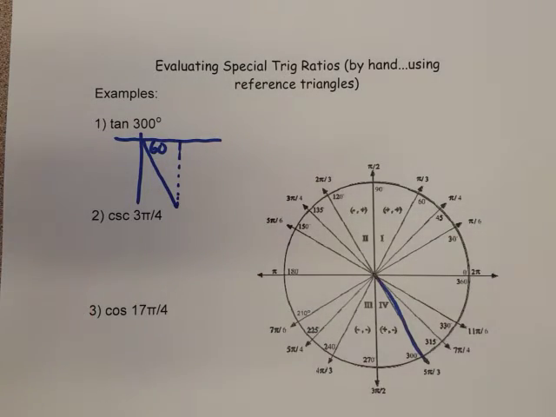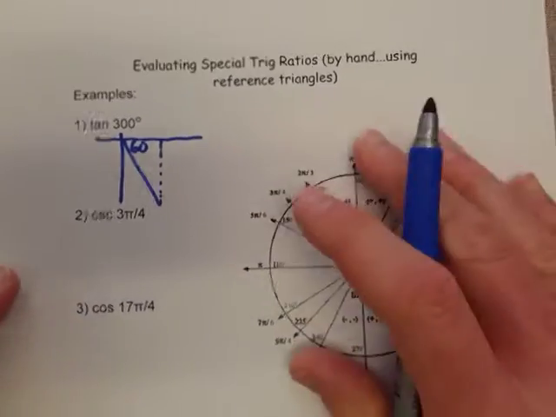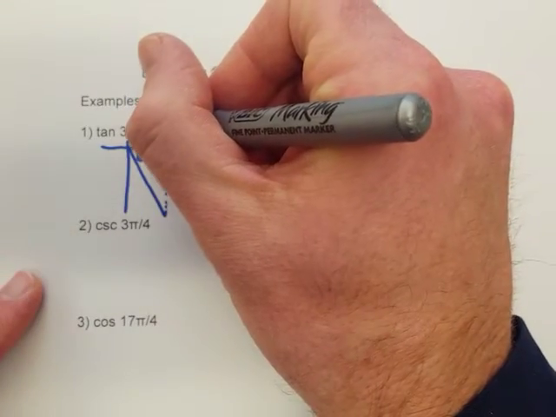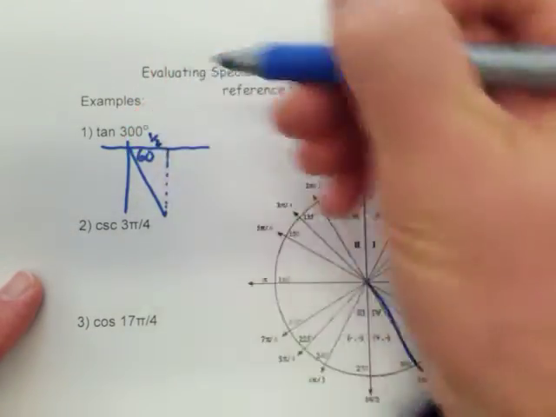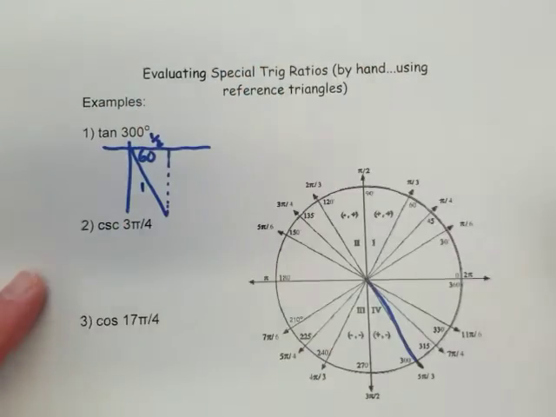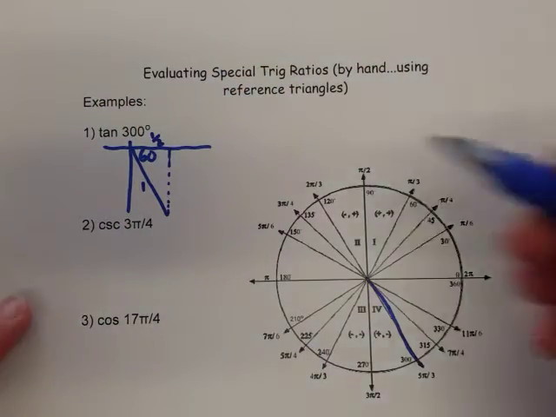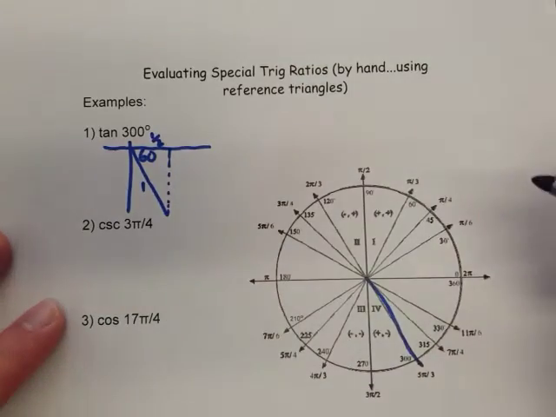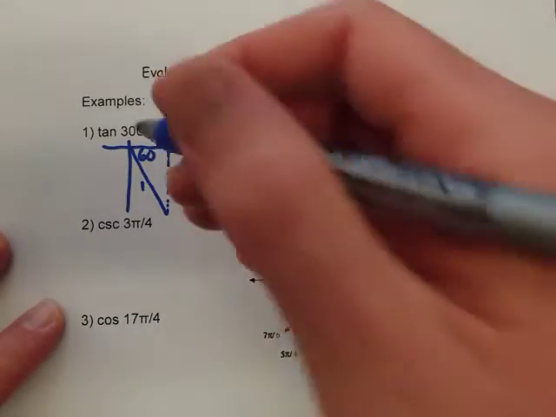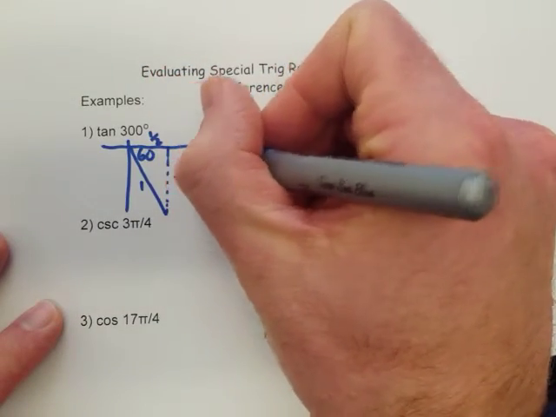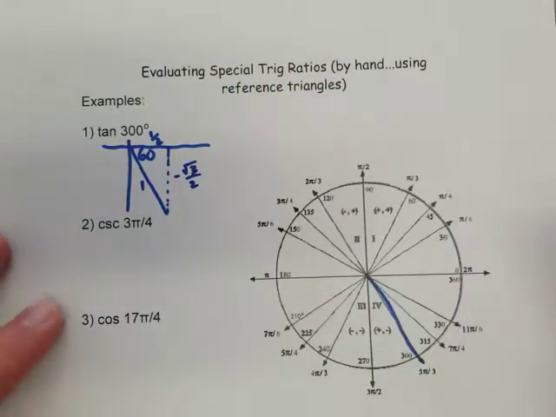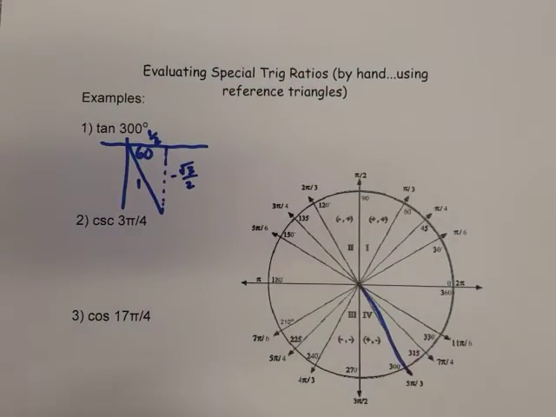Now from the 60-degree triangle, we know that there are a few sides that are done here. So for one thing, we know that the smaller leg is 1/2. We know that the hypotenuse is 1, but then since we're in the fourth quadrant, this is a negative quantity, and so then we've got negative square root of 3/2 for that side of the triangle.